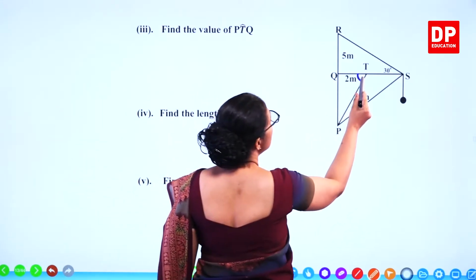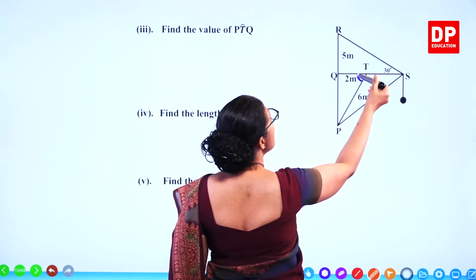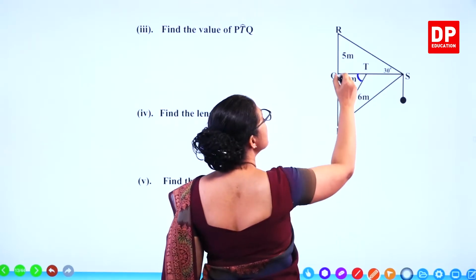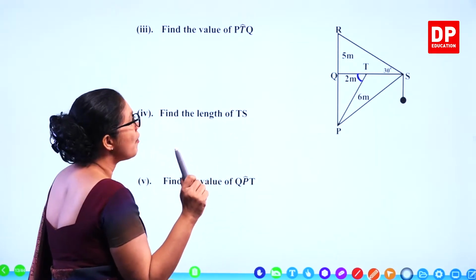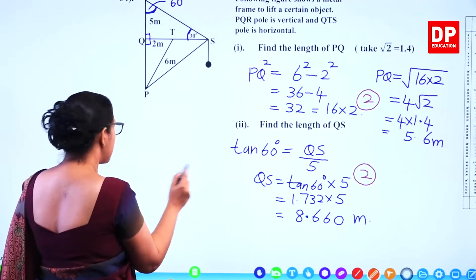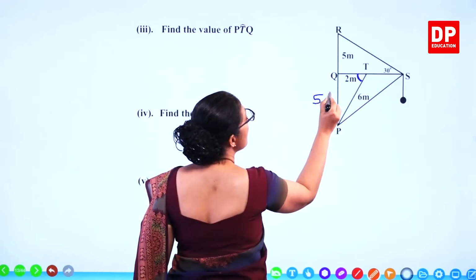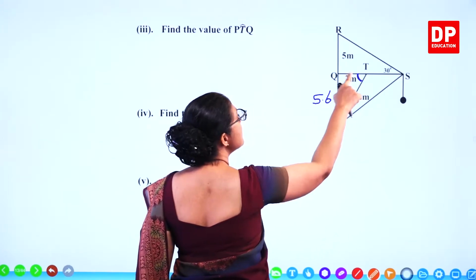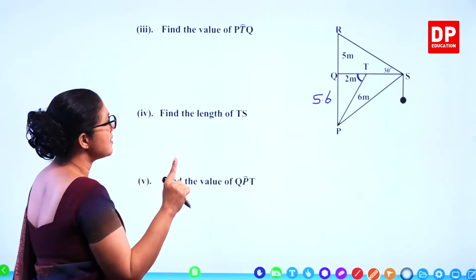So we can use the ratio here. So 2 is there and we'll take this side. PQ we found 5.6. 5.6 is PQ. Here to this angle, opposite is 5.6. Adjacent is 2.